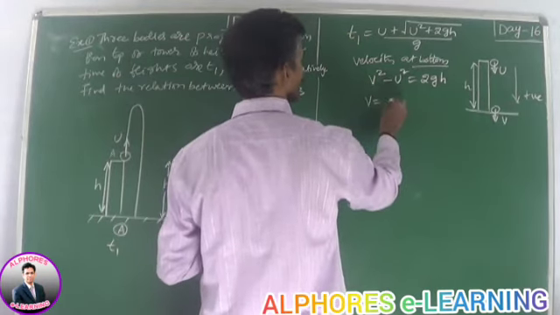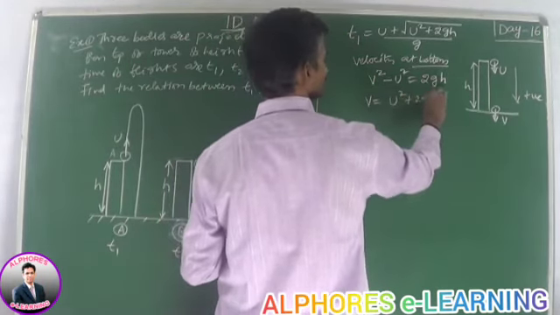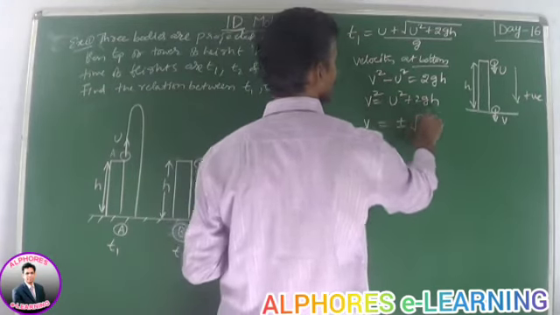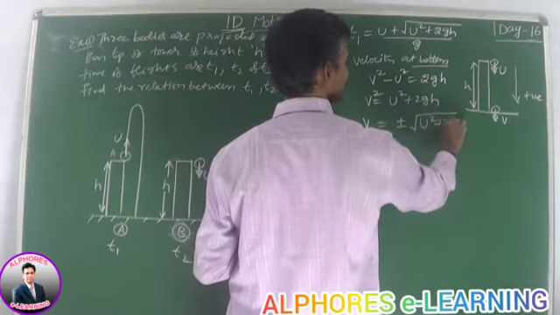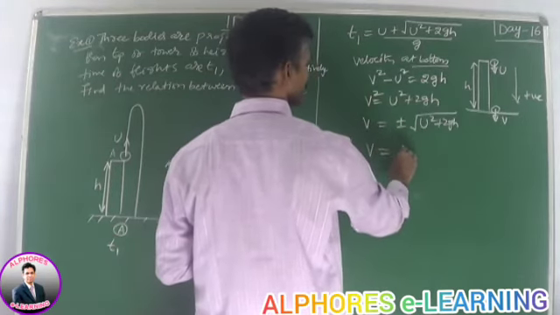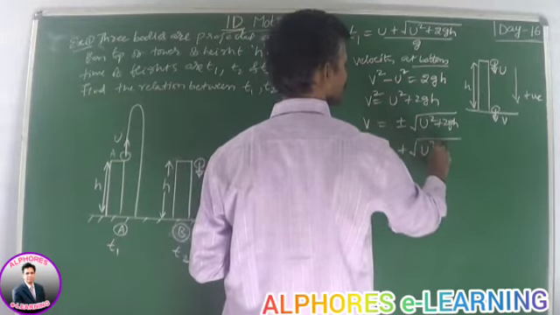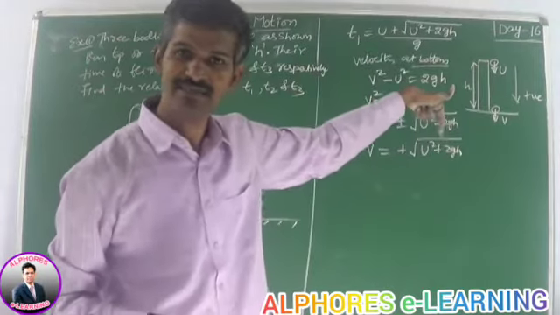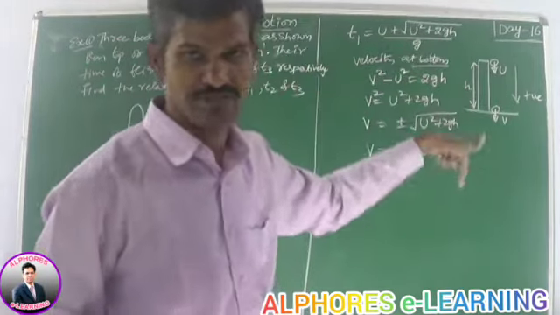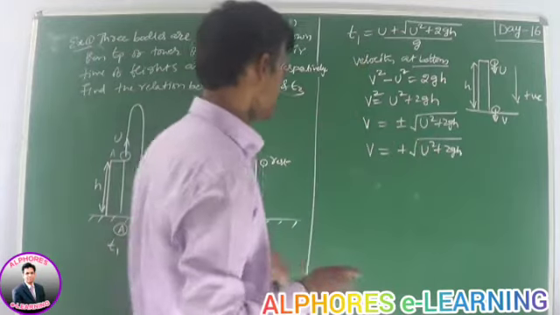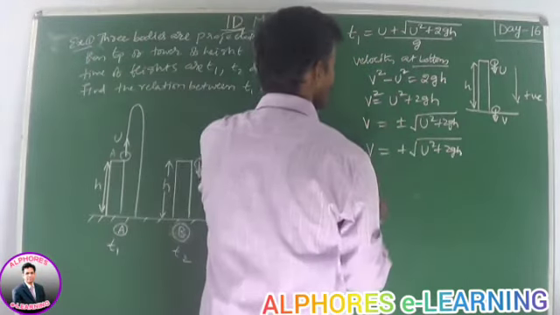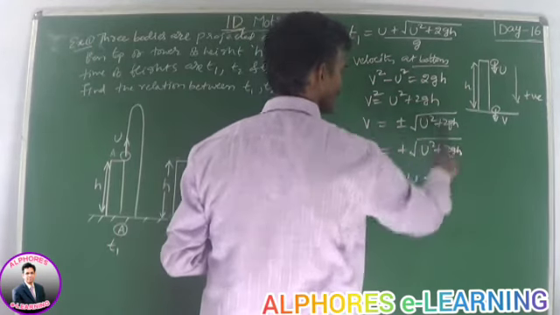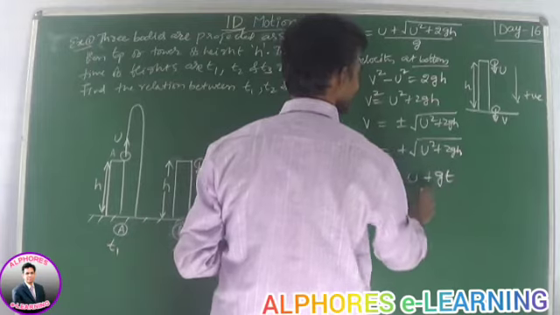v square equals u square plus 2gh, so you can write v as plus or minus under root u square plus 2gh. But here our v is plus under root u square plus 2gh, because the body is traveling in the downward direction and downward velocity is taken as positive. So this velocity is positive. Next I am using the equation v is equal to u plus at. Since it is traveling downwards, you can write it as u plus gt, and this t is t2.